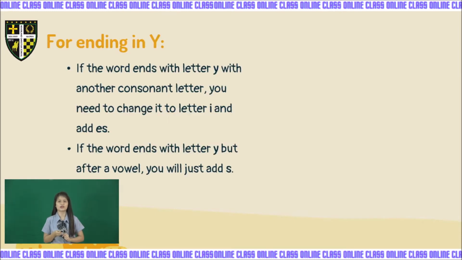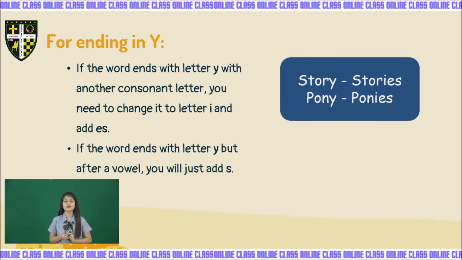For words that end in Y, if the word ends with letter Y and another consonant letter, you need to change the Y to letter I and add ES. That's the first rule. But if the word ends with letter Y and also a vowel, you will just add S. These are examples for ending with a consonant letter: story, stories.